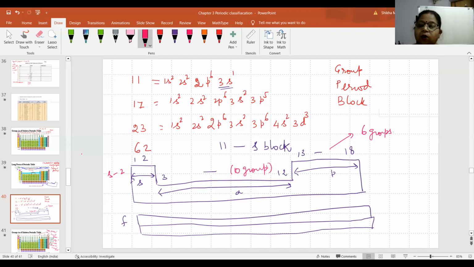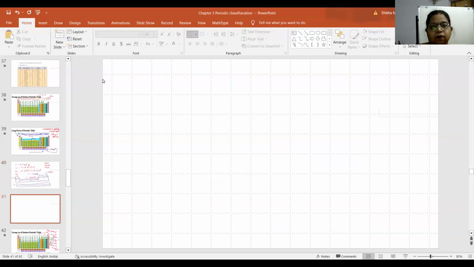Now, what do we connect these numbers to, the configuration? Maximum number of electrons in S group, S was 2. It can either have ns1 or it can have ns2 configuration. Making sense or not?